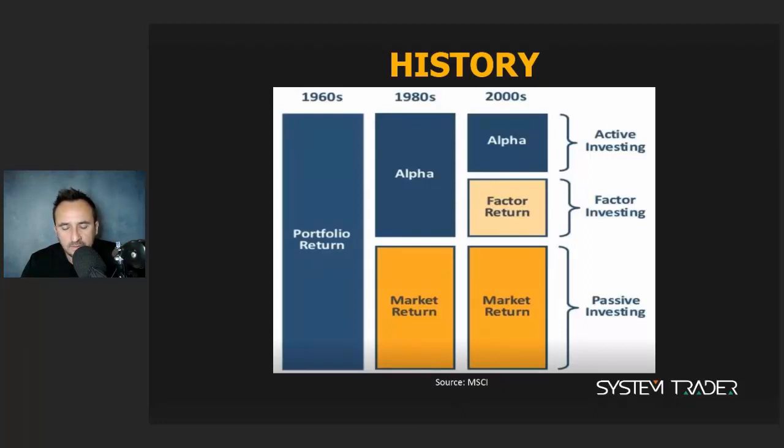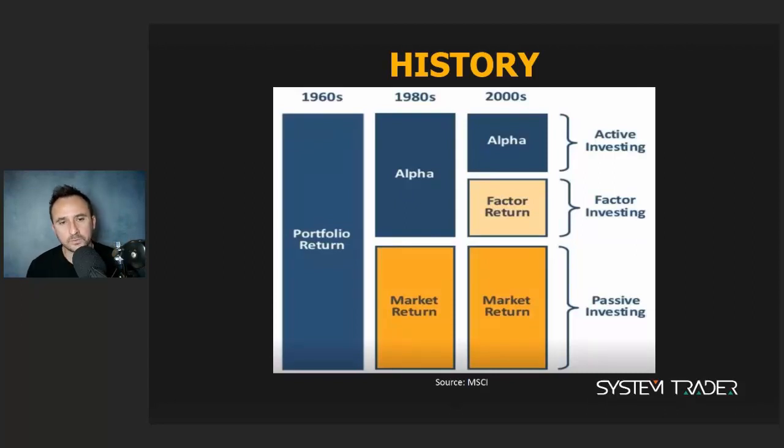But once the index funds were introduced, all that was much easier for the investors, just to get the market return. And the market here we can see as the simple capital weighted, cap weighted index, like, for example, I mentioned before, the Dow Jones Industrial Average or S&P 500 or any other cap weighted index.